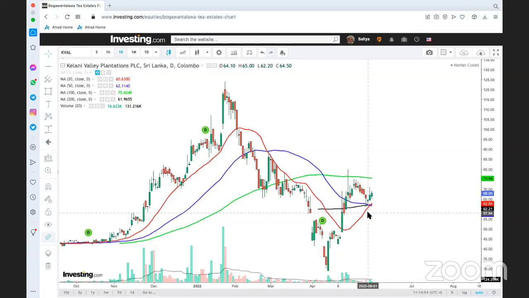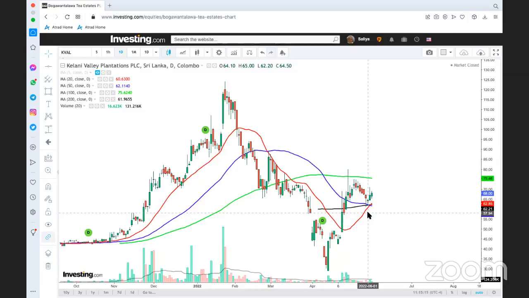Thereafter, LIOC threw back, tested that resistance area and turned it into a support, and now is trying to break above 6680 and move above that resistance level. But the other counters didn't do that.